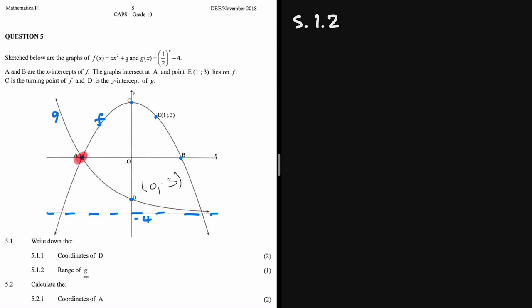So the values of y must be above the asymptote, where the values of y are greater than -4, because our asymptote has the value of -4. Or we can also represent this as y is an element from -4 to positive infinity, because it continues like that up to positive infinity.